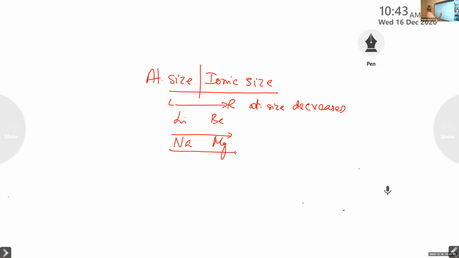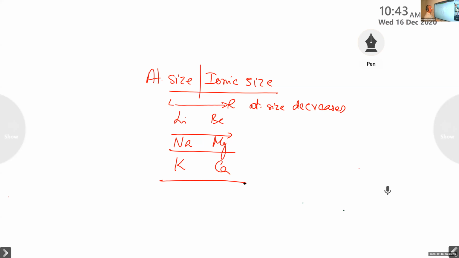Lithium, sodium, potassium, and there is calcium. To compare this, calcium is smaller than potassium, magnesium is smaller than sodium, beryllium is smaller than lithium. Because in general, from left to right in a period, the atomic size decreases.